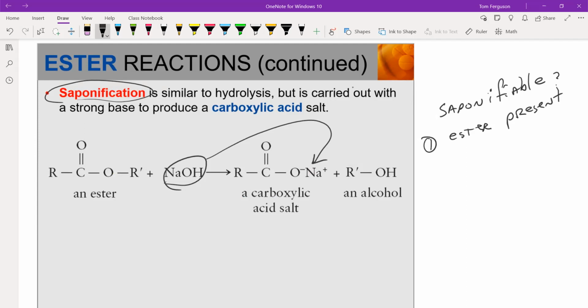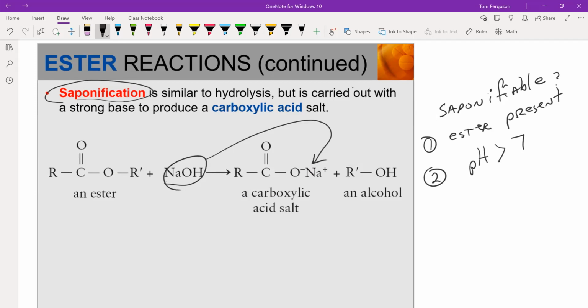It needs to have an ester present, and it has to be in an alkaline environment with pH greater than 7.